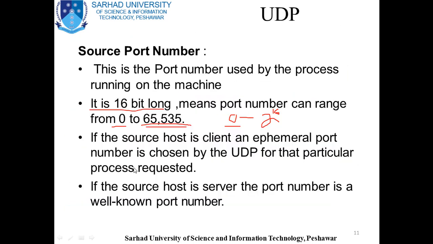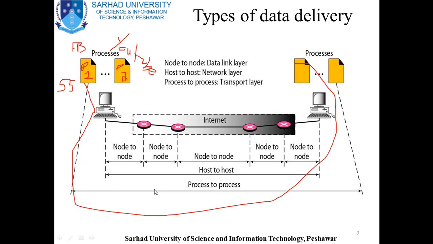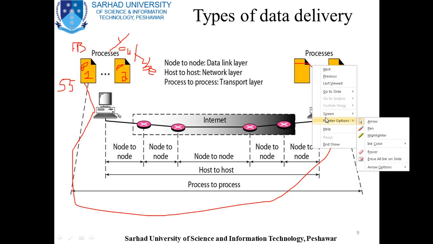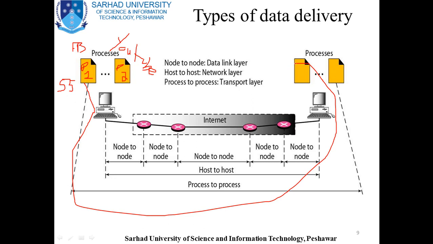And if the source host is a server, the port number is a well known port number. Let's say this is a Facebook server, or this is a YouTube server. The port number of this will be well known, because this is your personal port number and no one will know about it.